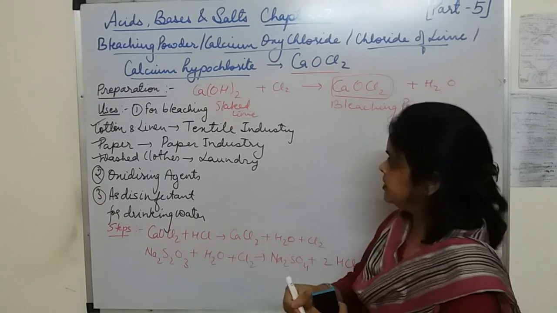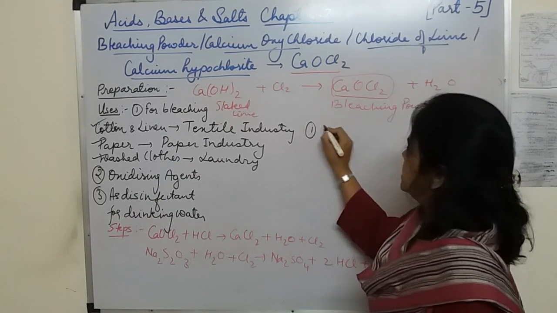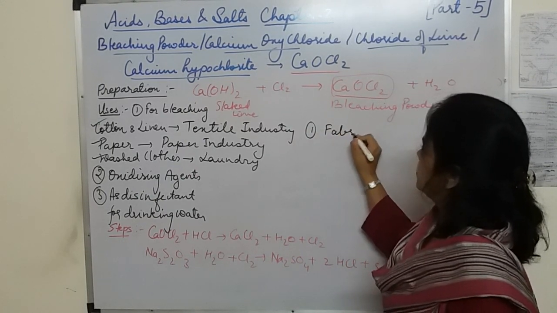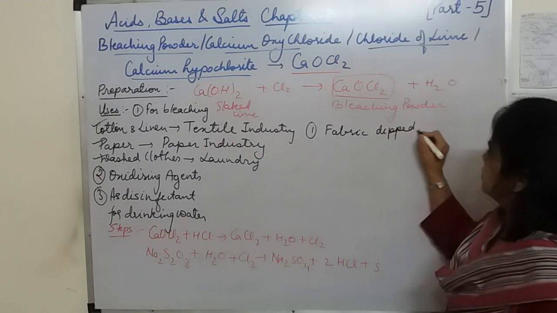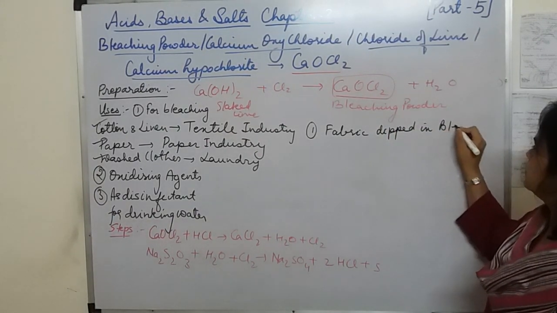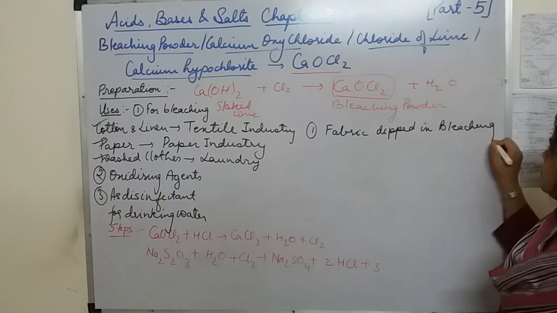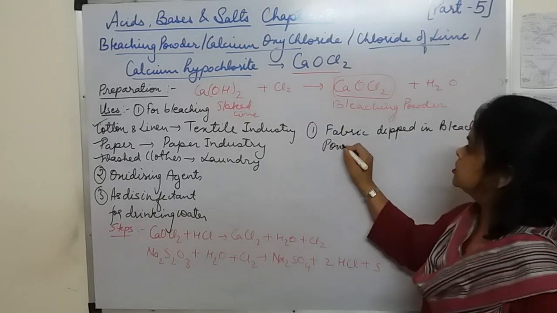Now this bleaching powder combines with the hydrochloric acid. Okay, so first step we can summarize here. First step, fabric, it is dipped in bleaching powder solution.